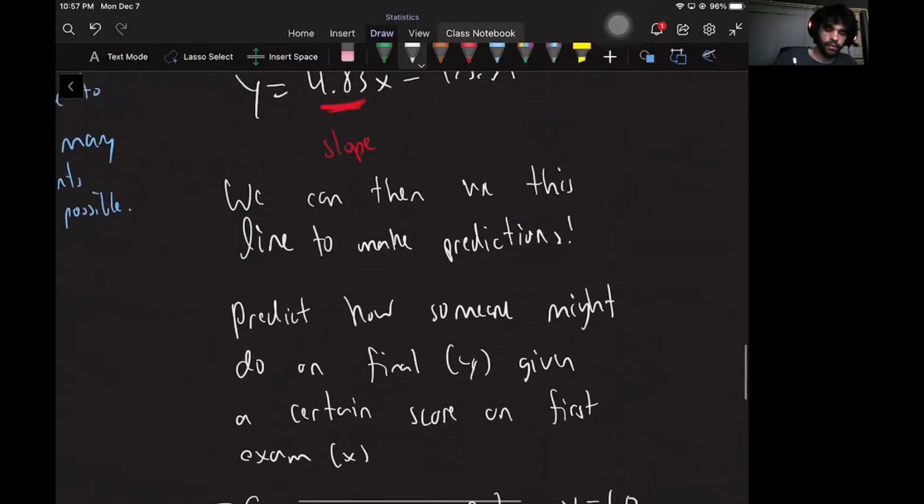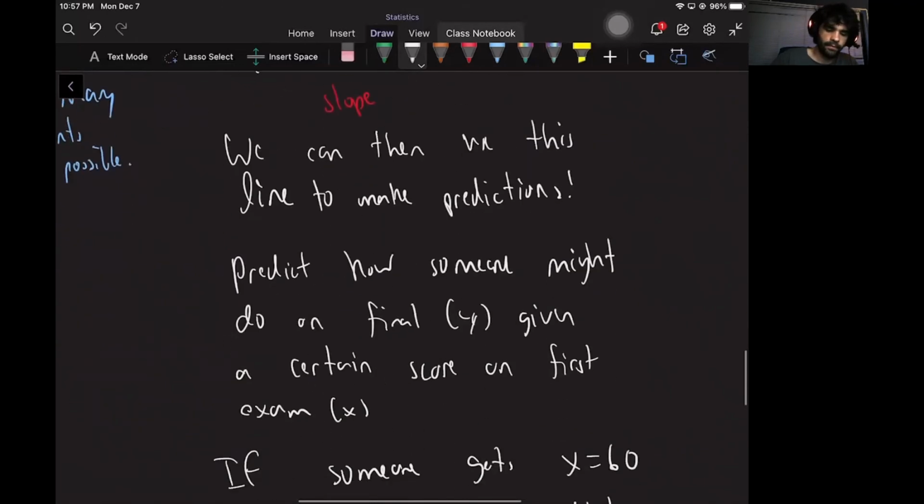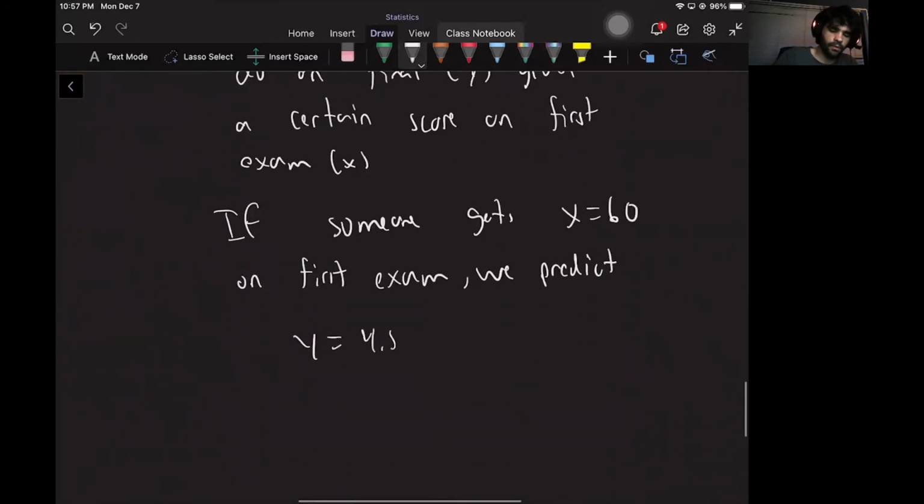So all we're going to do is stick 60 in here. So 4.83 times 60 minus 173.51 equals 116.29.